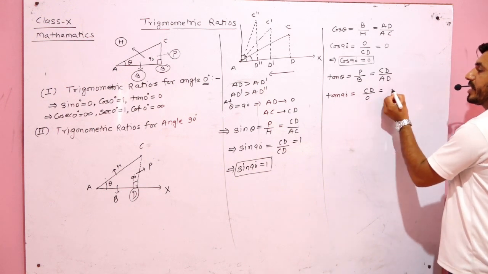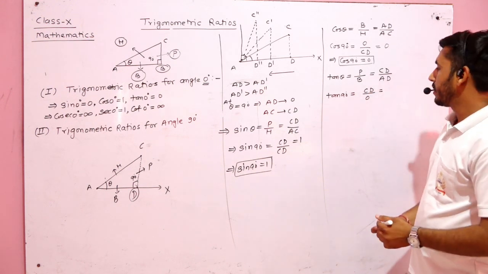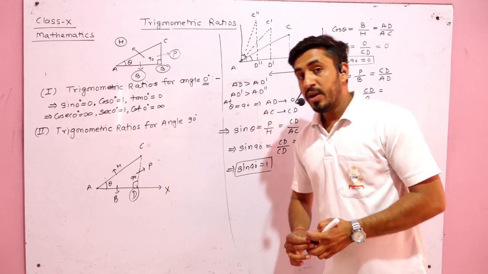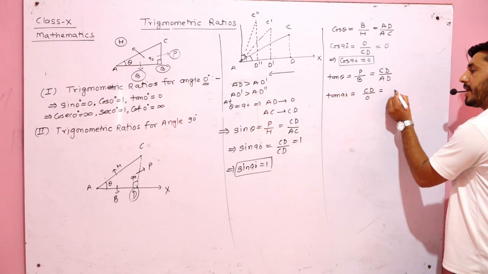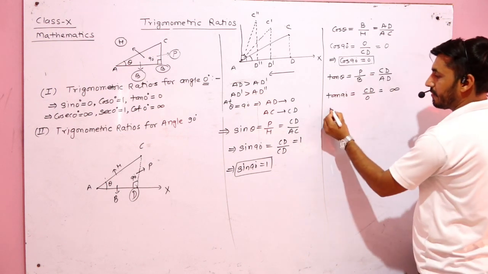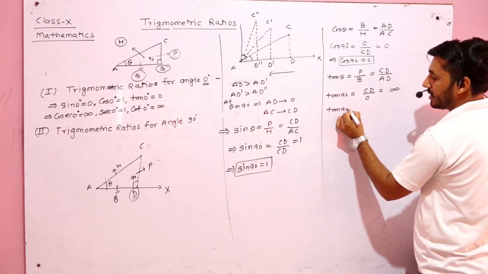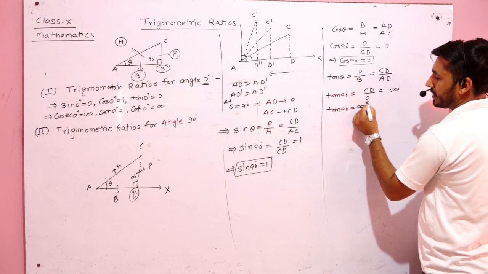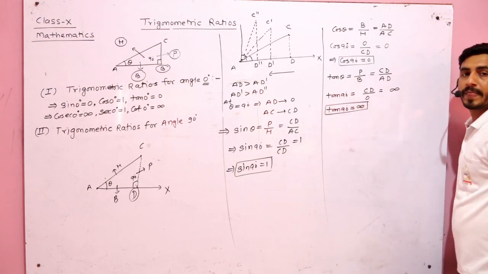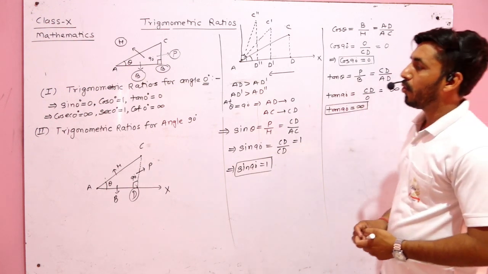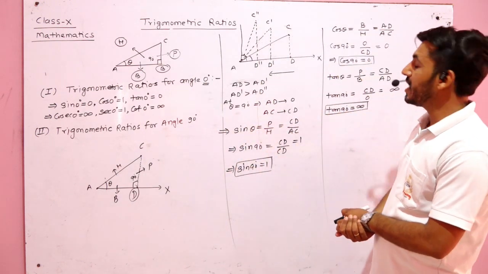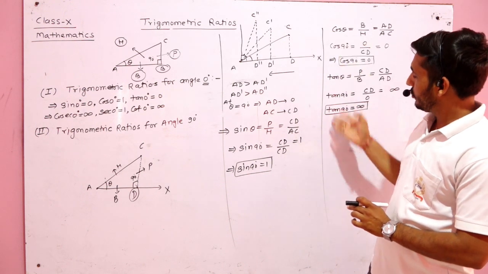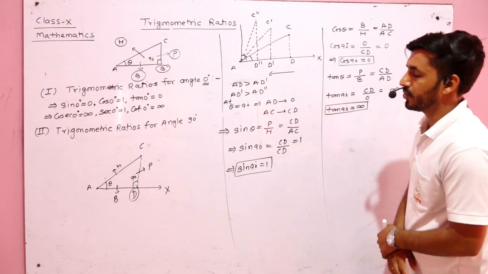If we divide any non-zero value by 0, then we will obtain infinite. Then the value will be tan 90 degree is equal to infinite. This is the third condition. And the remaining 3 trigonometric ratios we can directly get in terms of these 3 trigonometric ratios.